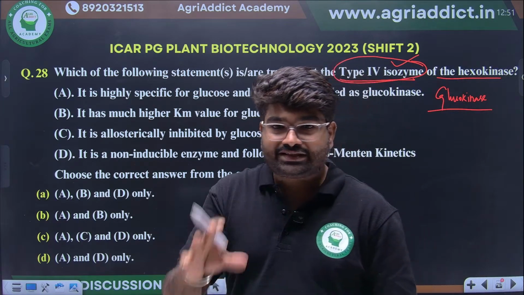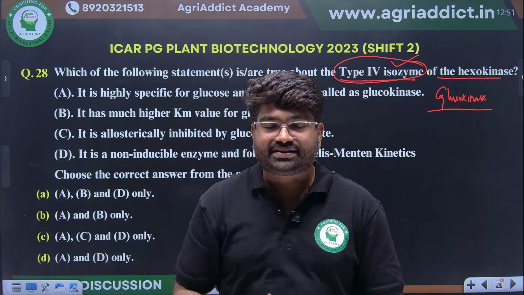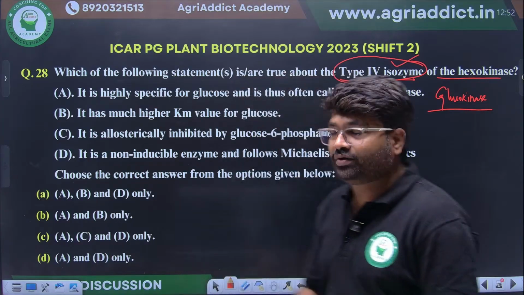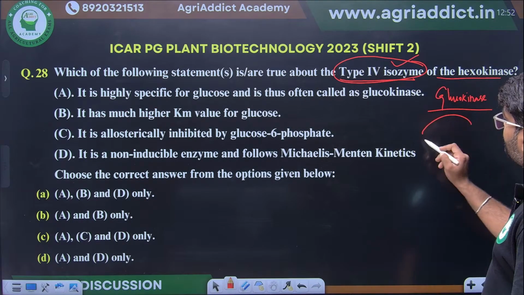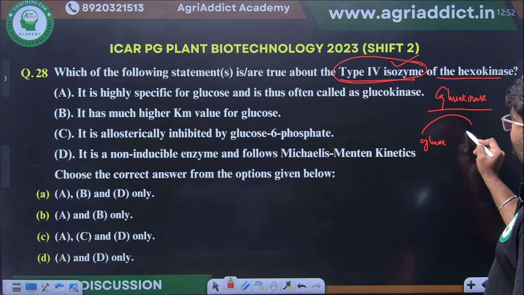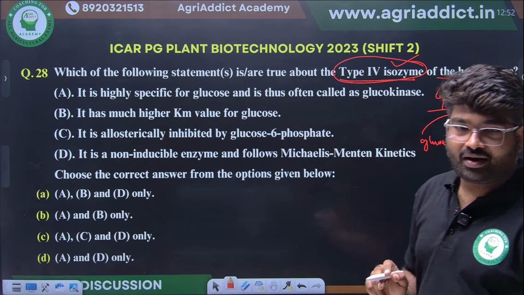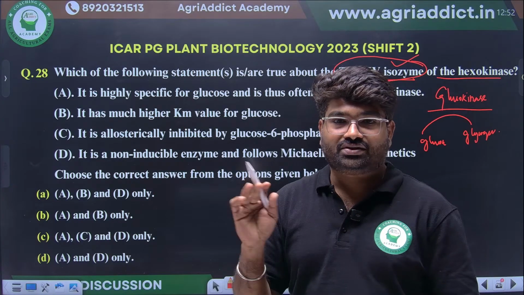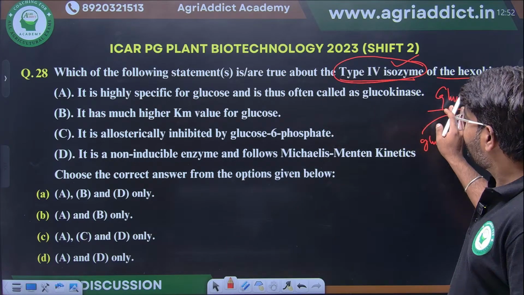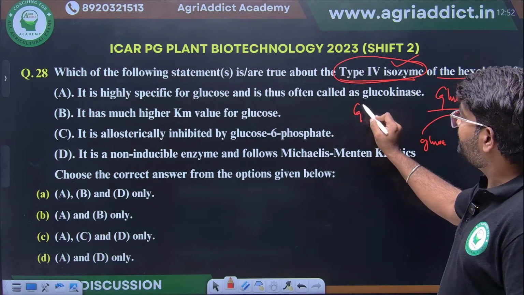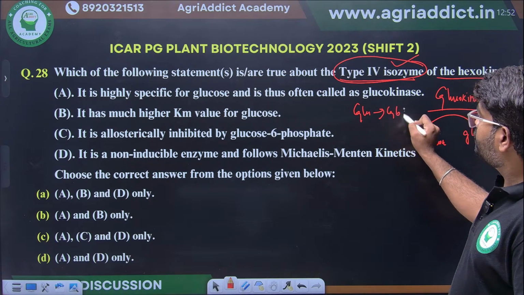This glucokinase is predominantly present in liver tissue. Its major role is to help convert glucose into glycogen. It catalyzes the conversion of glucose to glucose 6 phosphate.